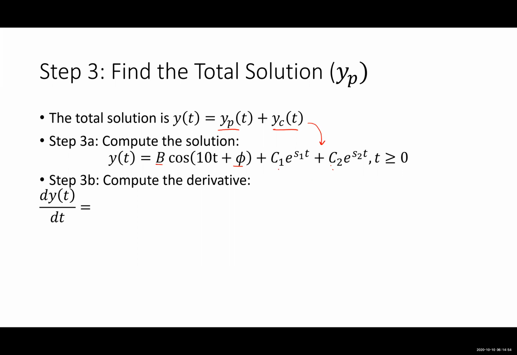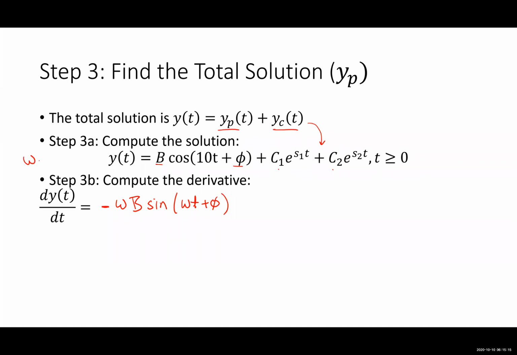So I got to take the first derivative of y of t. This is going to be minus, so I got to take the derivative of b cosine 10t plus phi. So that's going to be minus omega b sine omega t plus phi. Notice, again, omega is equal to 10 here.